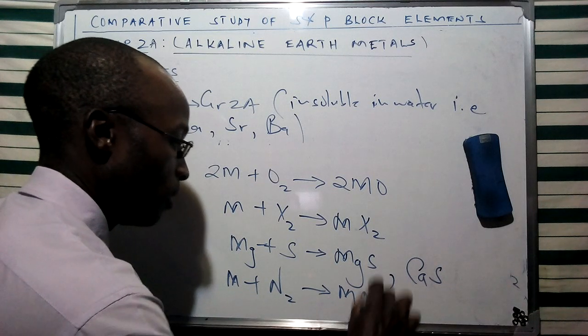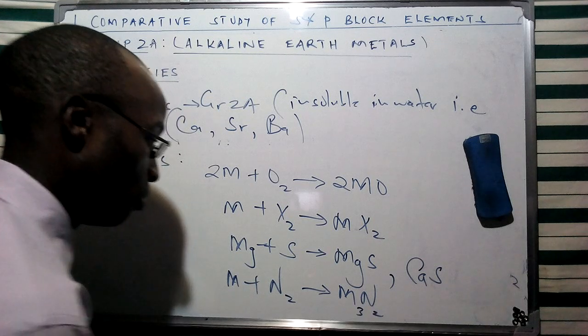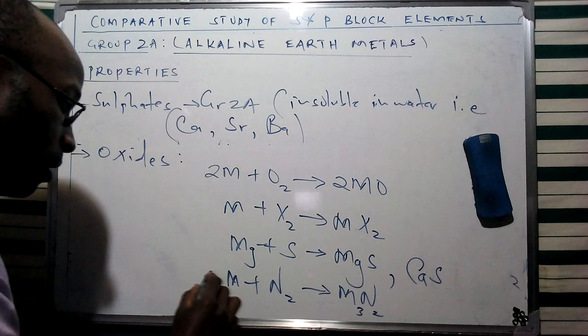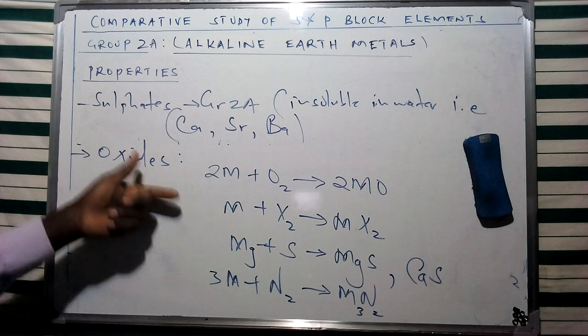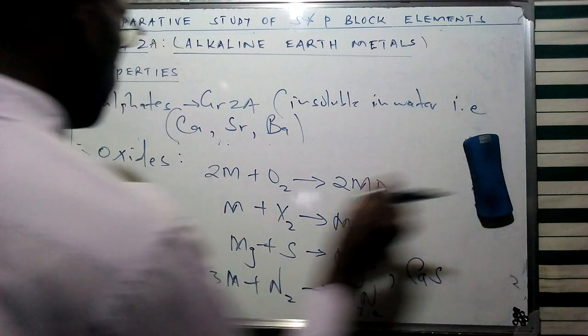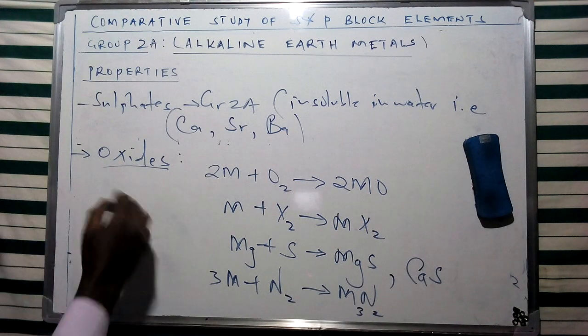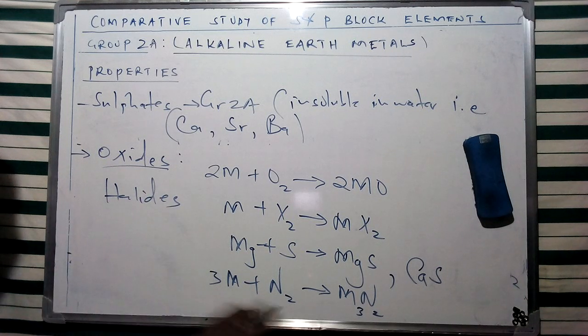So it's going to be 3, 2, and then we shall have this one 3 given as such, and that's going to form. So these specific reactions display a wide range of formation for oxides, perhaps halides, sulfides, nitrates, and then we shall have also the next reaction.